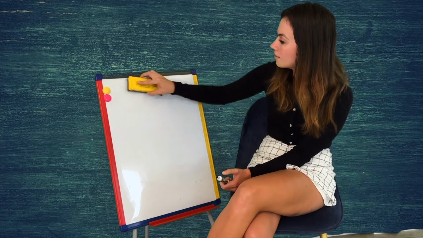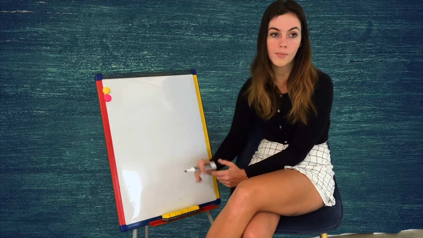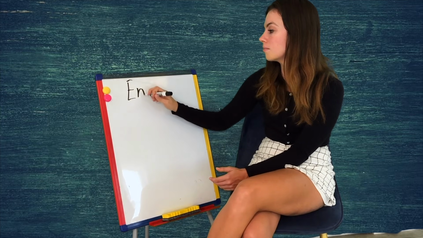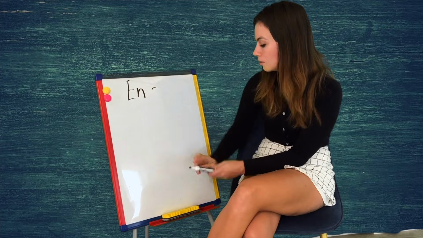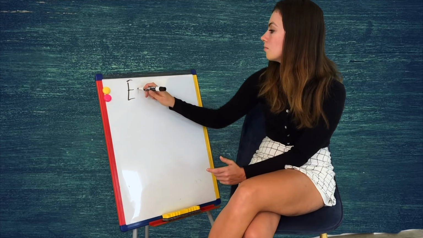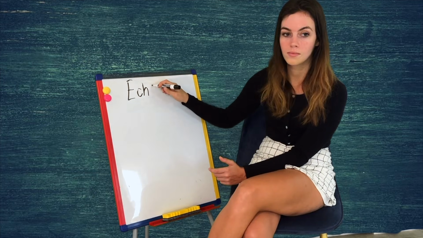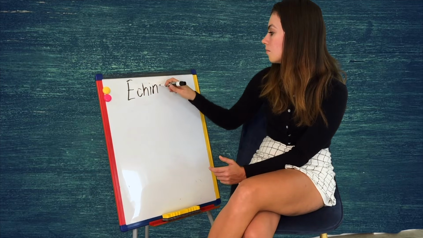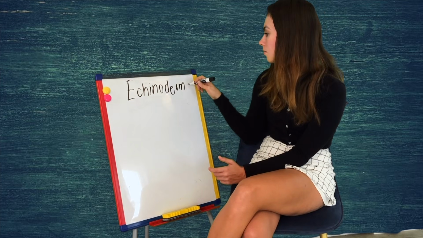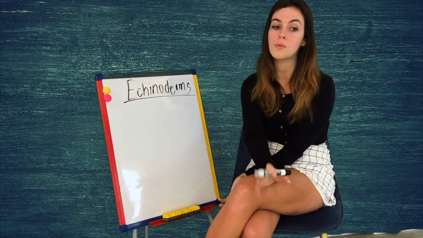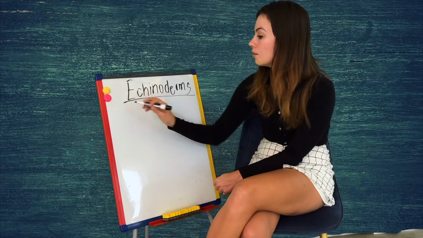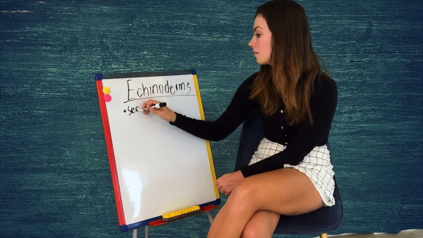And then the last one that we're going to talk about of invertebrates today are these. There's 7,000 species, and these include sea stars.